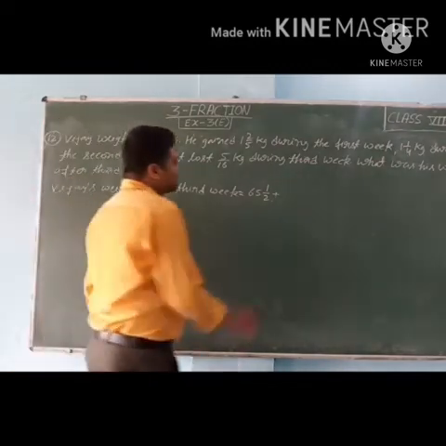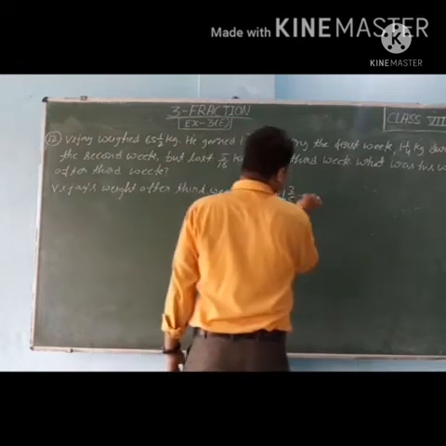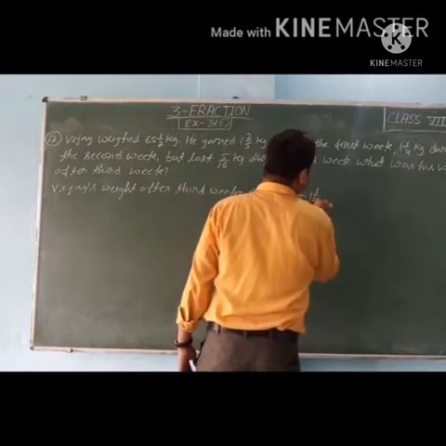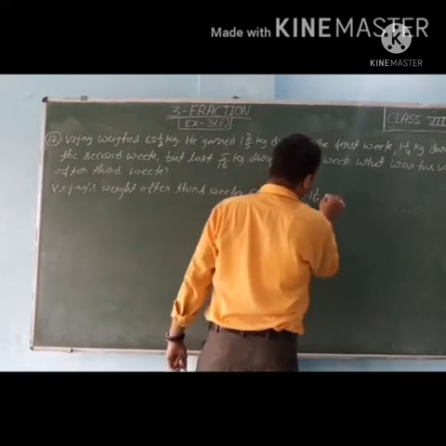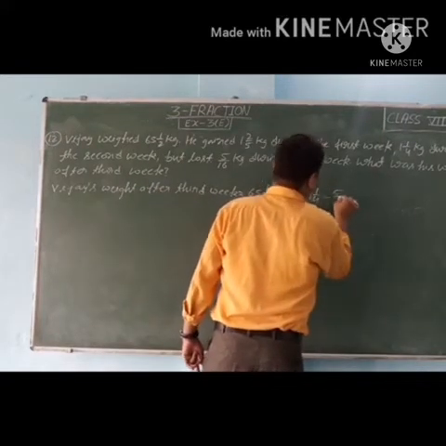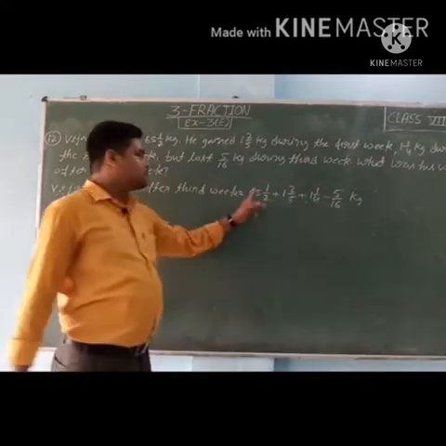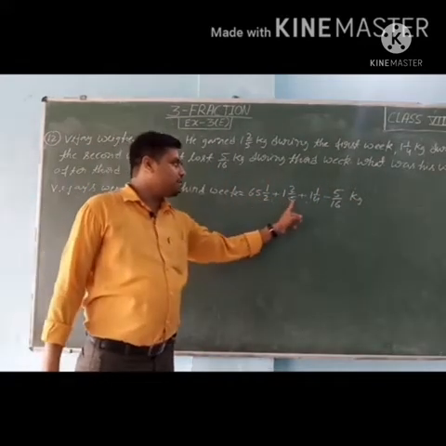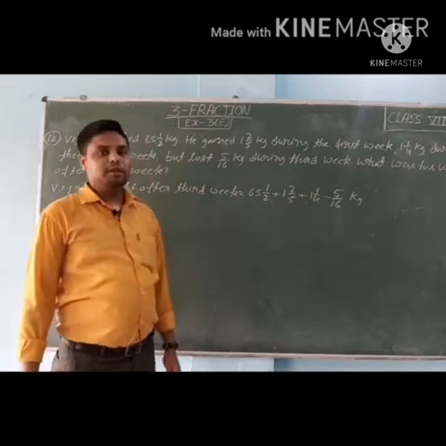So plus 1 whole 2/5 kg gained during first week, plus second week 1 whole 1/4 kg gained, and in third week lost 5/16 kg, so minus 5/16 kg. So 65 whole 1/2 plus 1 whole 2/5 plus 1 whole 1/4 minus 5/16 kg.